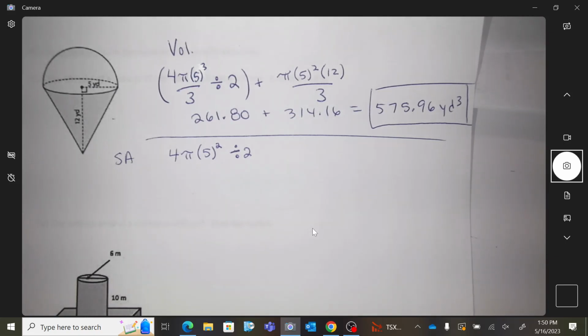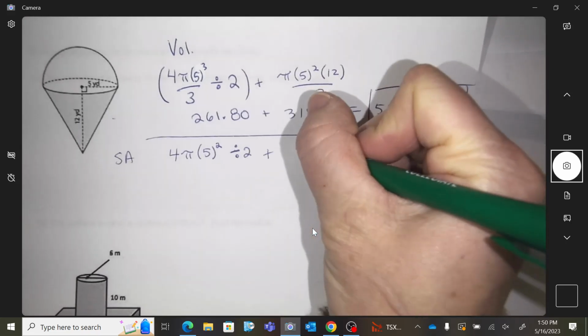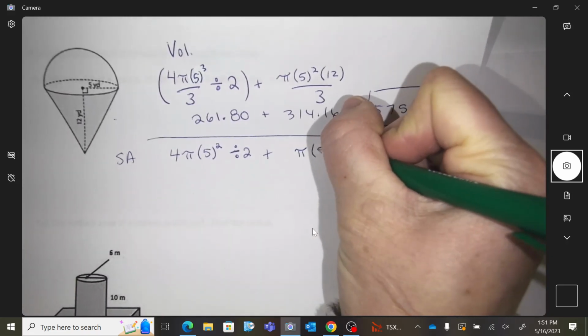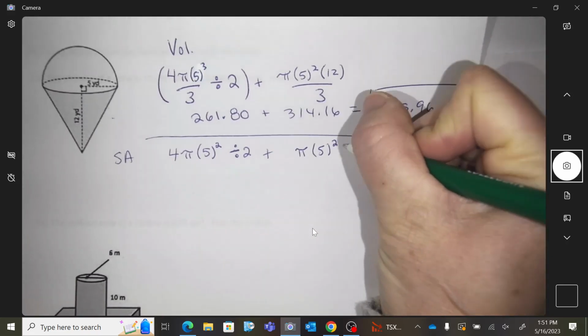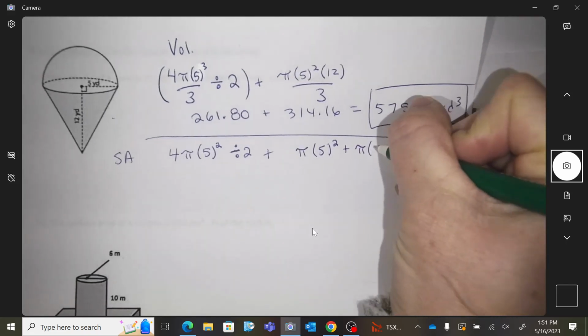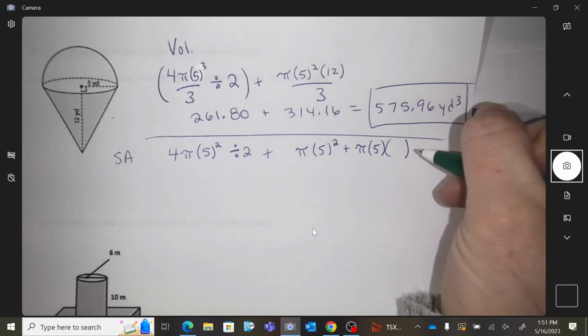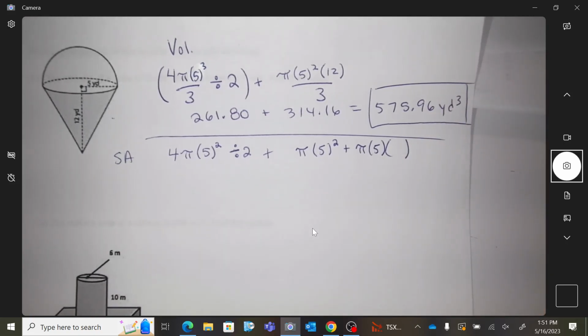Okay, let's go to our cone. Surface area is pi r squared plus pi r s, where S is a slant.